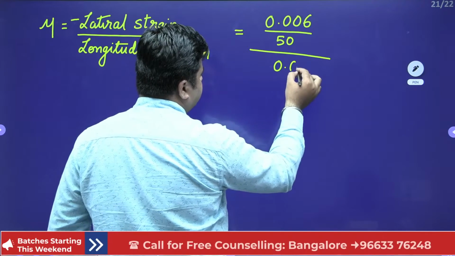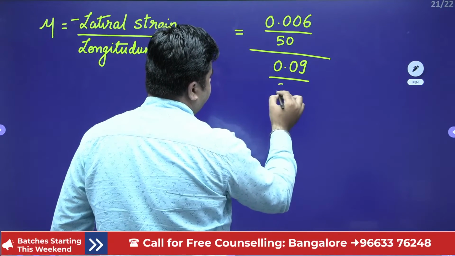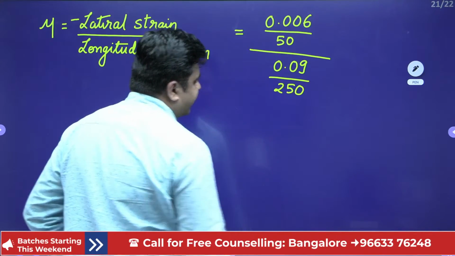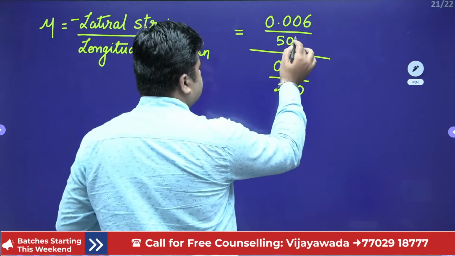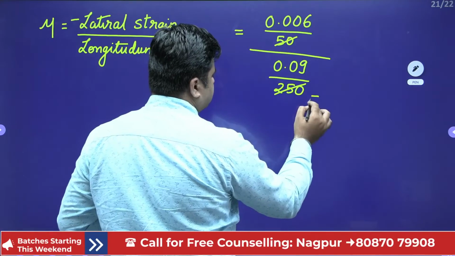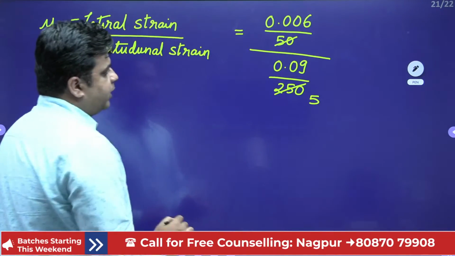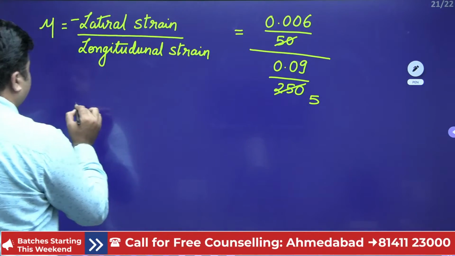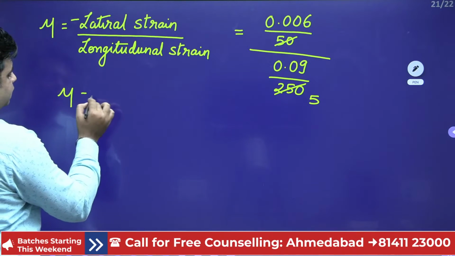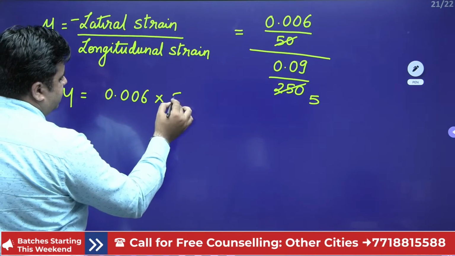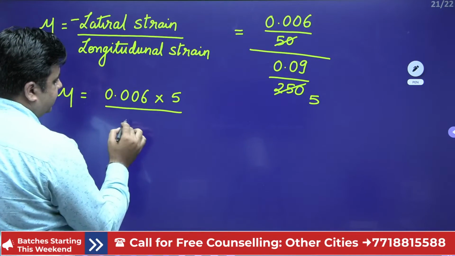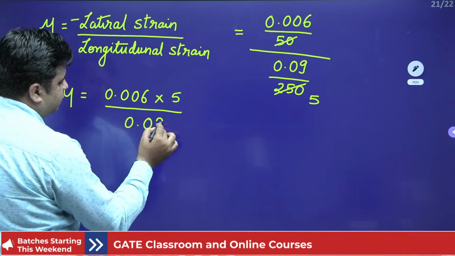So you can calculate this to get the value of Poisson's ratio. 250 is 5 times 50, so 5 goes into the numerator. So mu is equal to 0.006 into 5 divided by 0.09.